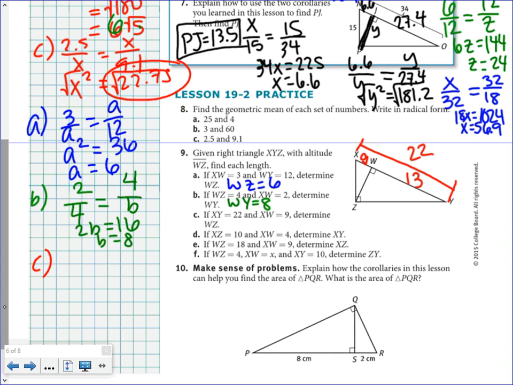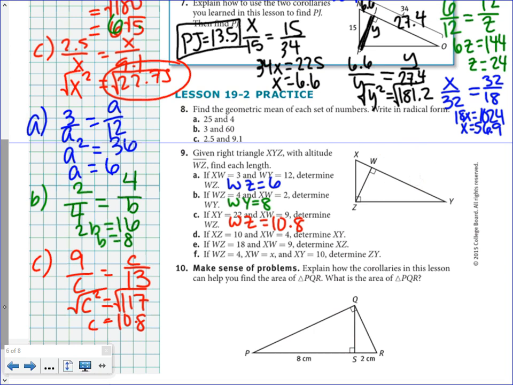And then we are looking for WZ, which is our altitude. So we are looking for the geometric mean. So C is our geometric mean, and it's a geometric mean of 9 and 13. So then if you cross multiply, C squared is 117, and then take the square root, and you get 10.8. So WZ is 10.8.